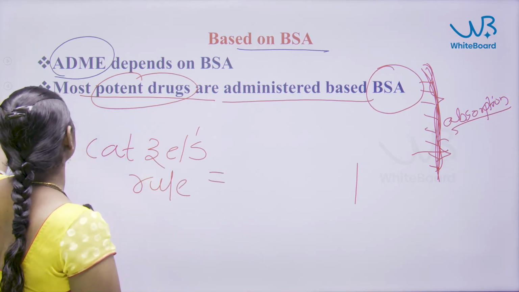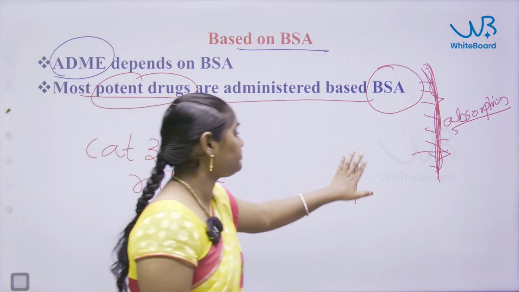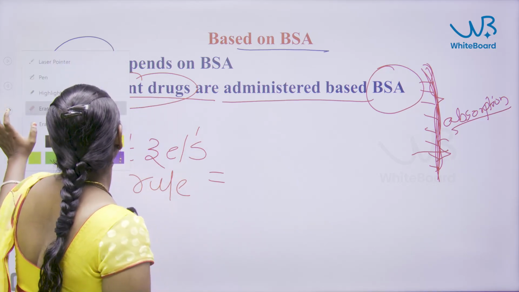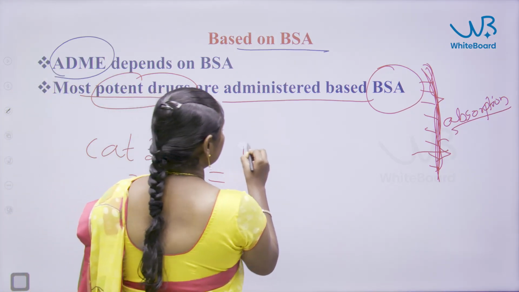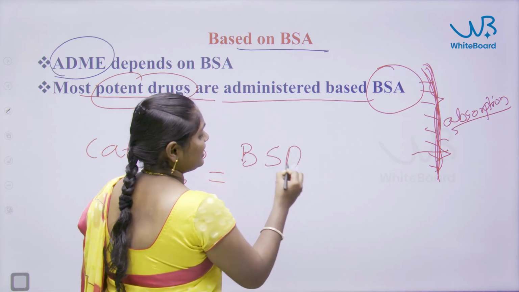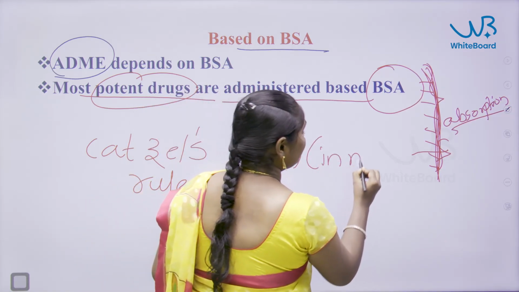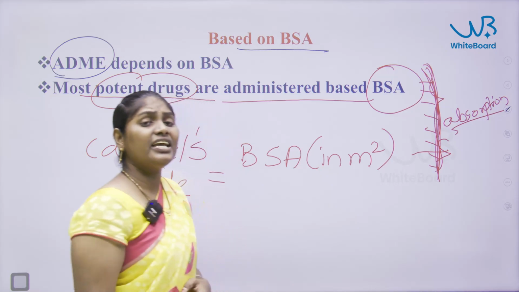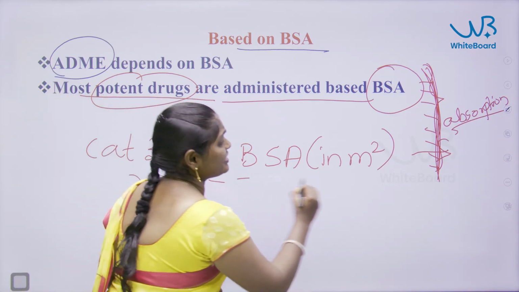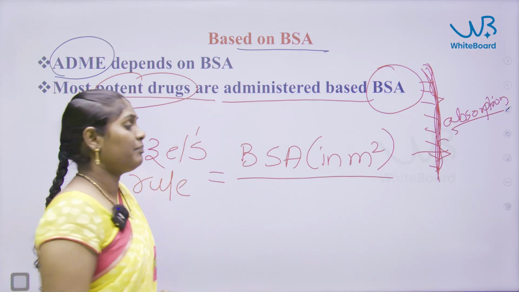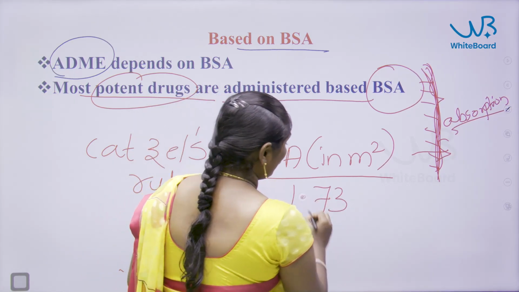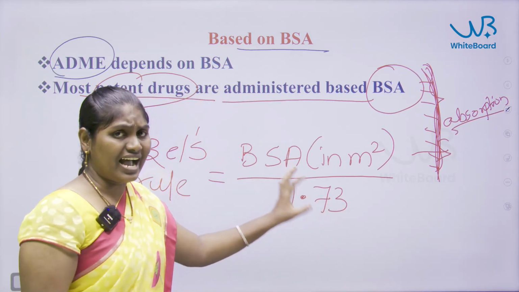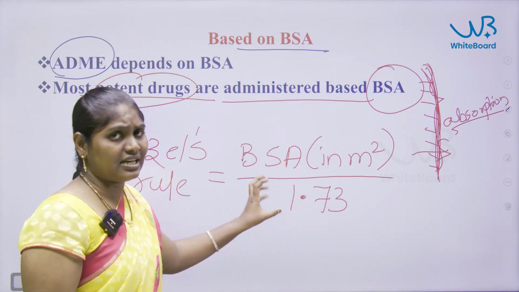According to this, the formula is body surface area in meter square divided by 1.73, multiplied by adult dose. 1.73 is the body surface area of a normal, average adult.